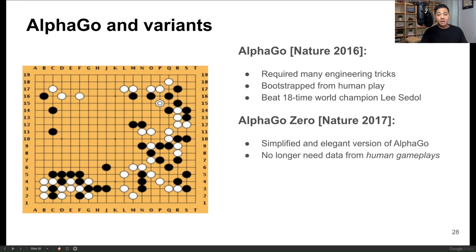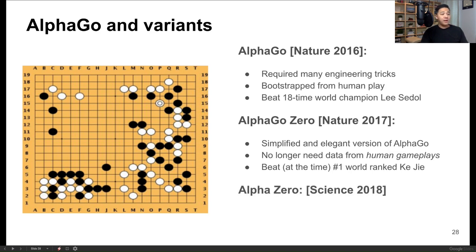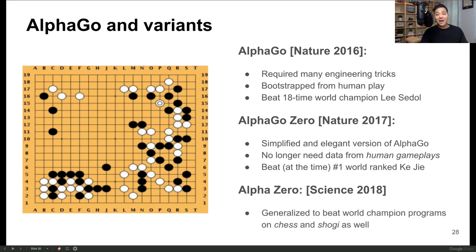It no longer needs the human gameplay. It's trained from scratch, and it beat the then number 1 world champion. And in 2018, DeepMind released AlphaZero, which is a generalized version of AlphaGo Zero, and it can generalize to other games such as chess and shogi as well.